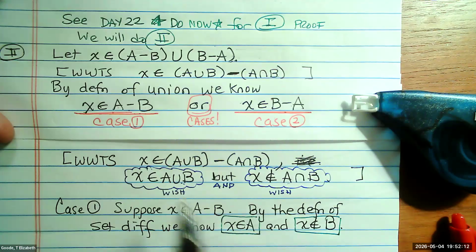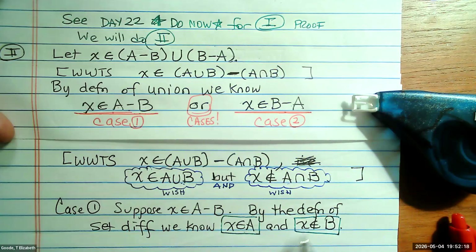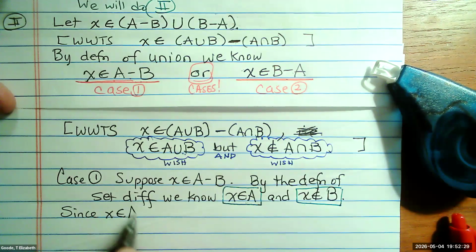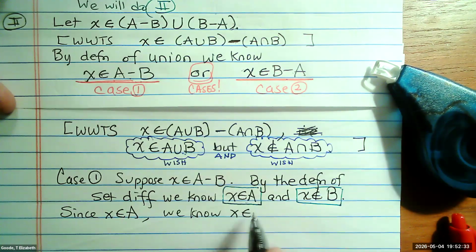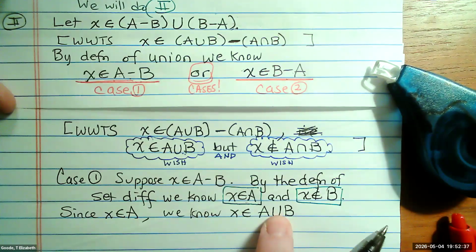So how are we going to be able to get that X is an element of A union B when this is what we've got? We've got X is in A, and we've got that X is not in B. By the definition of union? Yeah, since X is an element of A, we know X is an element of A union B because that's the OR operator.